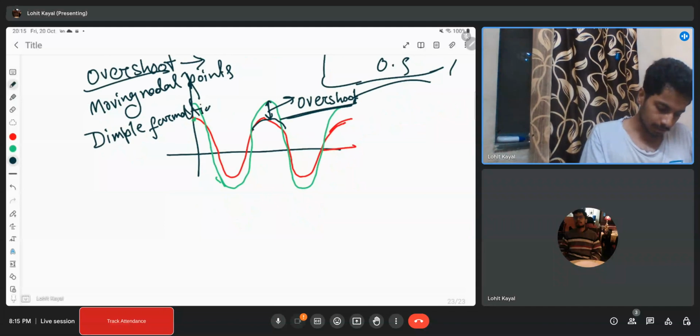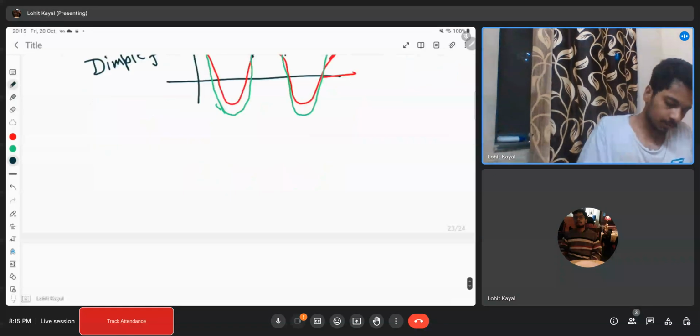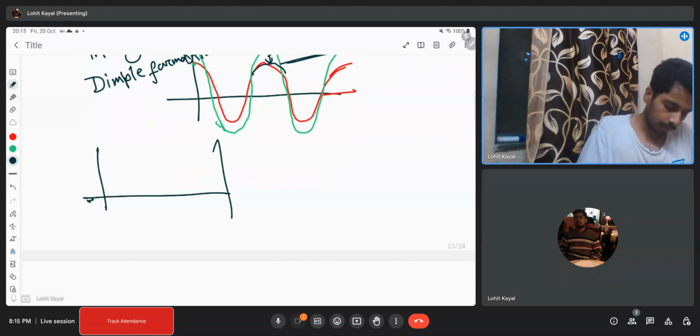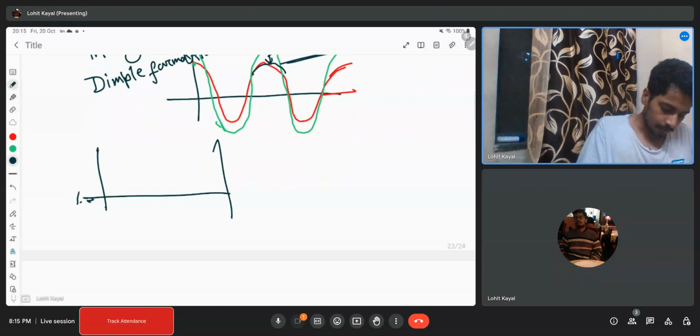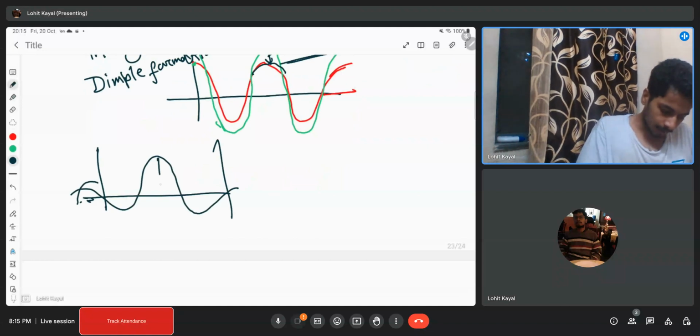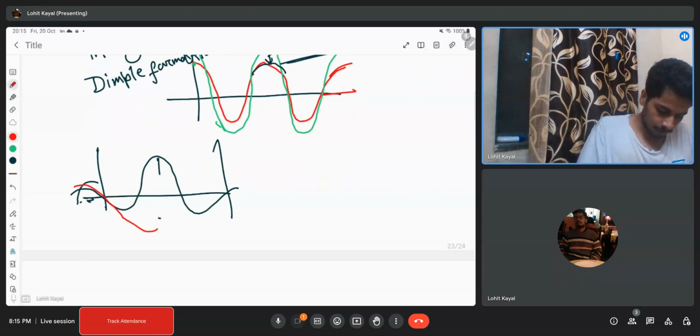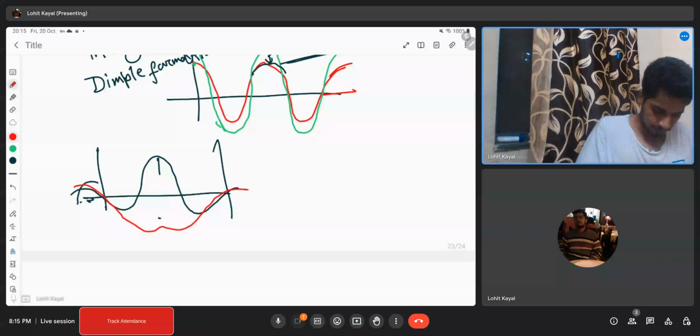Dimple formation occurs for pure capillary waves, when surface tension is involved. You have some initial perturbation like this, it comes down, and when it rises, it forms a small shape like this.